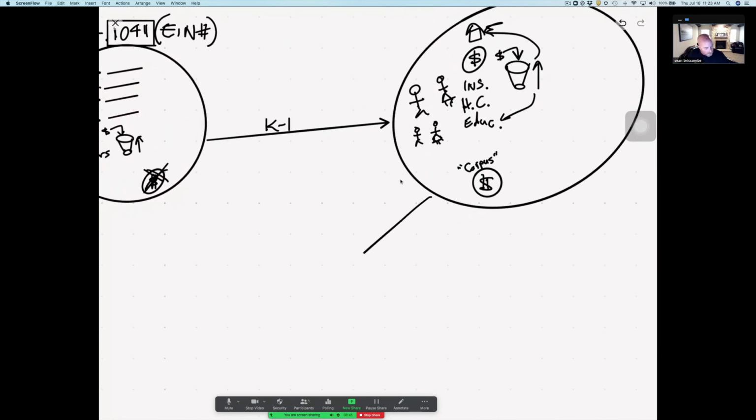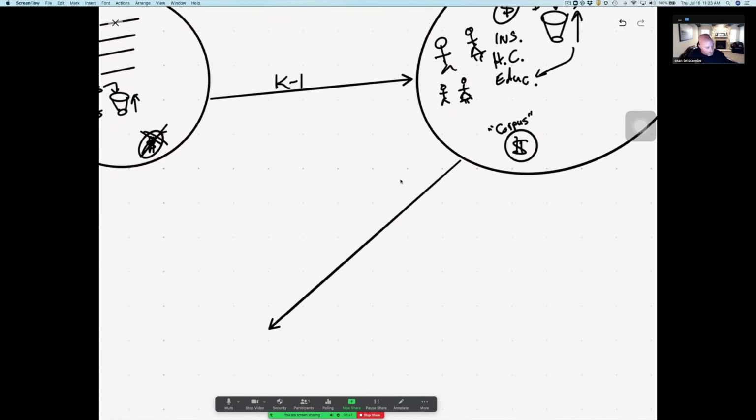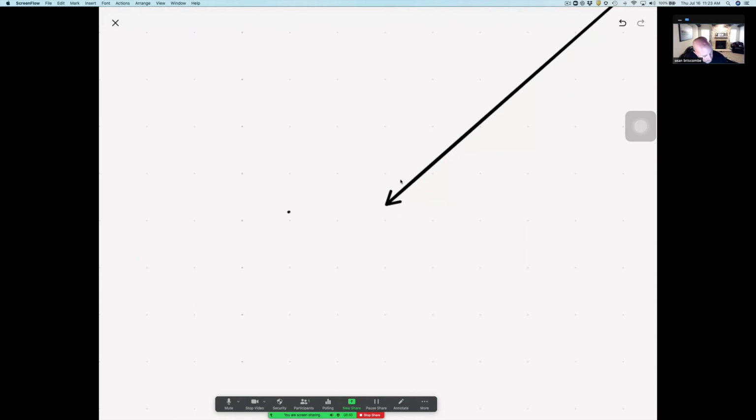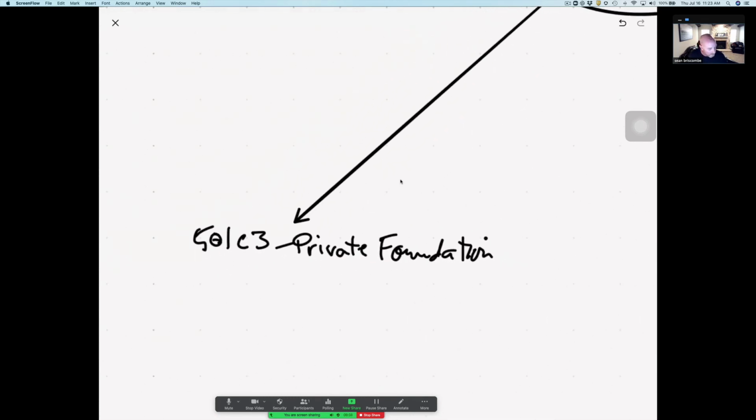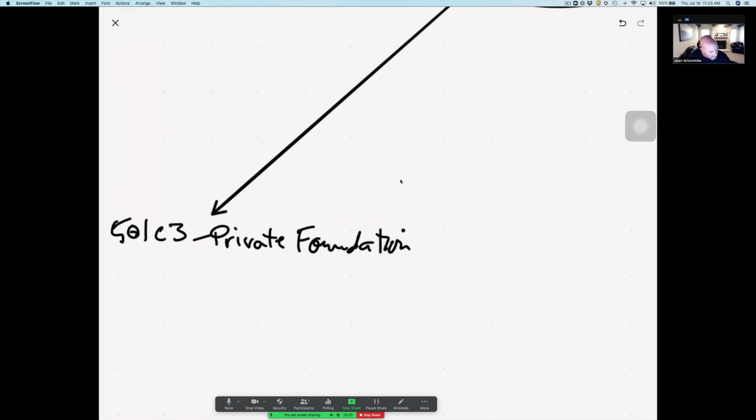All right. You can do that, or you can also do another thing. You can donate that money to charity. And the charity we always recommend is your own 501c3, your private foundation. Okay, because that foundation is a 501c3, it's tax exempt. So you file a 990-PF form.